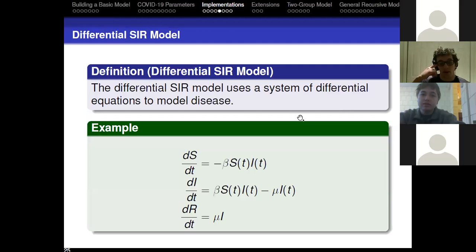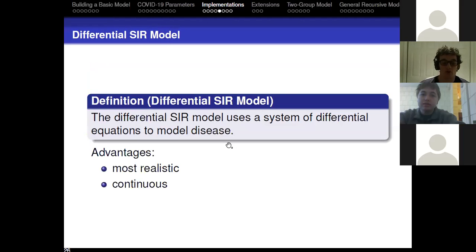The next way you can do a SIR model is the differential SIR model, in which you use a system of differential equations. This is probably the most common one. The classic example is dS/dt, which has these beta and mu coefficients, which we can find as she just talked about.